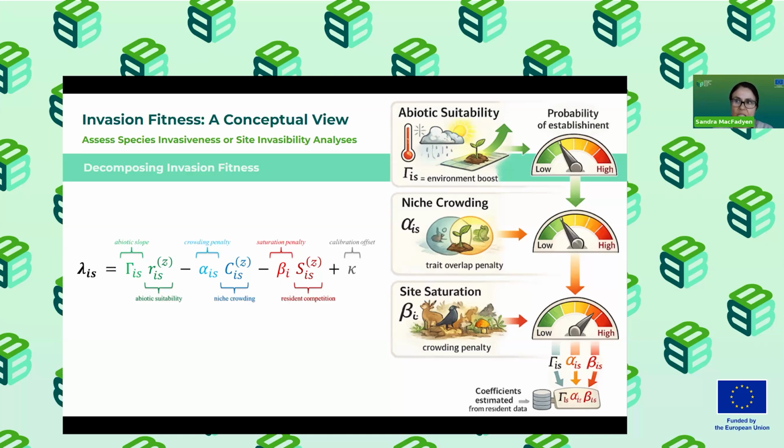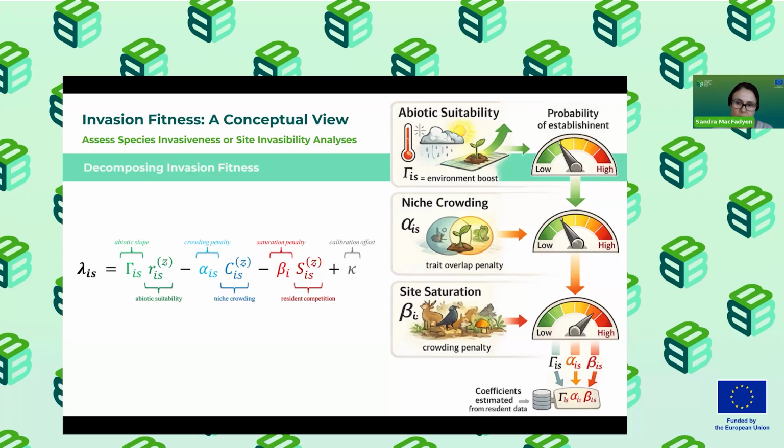And the niche crowding, which is the similarity of those residents' traits: if many resident species have similar traits, they essentially do the same job, then the invader faces stronger direct competition. And so the chances of establishment will go down.